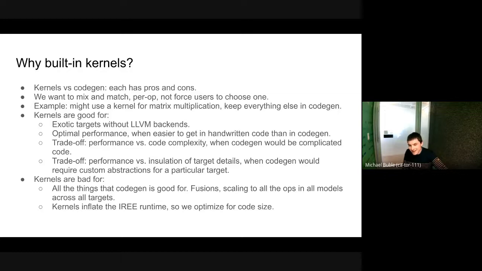I personally spent years maintaining this kind of library of kernels approach, so I have painful direct experience with how hard that is to scale over years. So CodeGen is needed, but sometimes built-in kernels can be useful too. With that out of the way, we can still enumerate a few specific pros and cons of kernels versus CodeGen, so that it's clear that we are not advocating for a wholesale replacement.